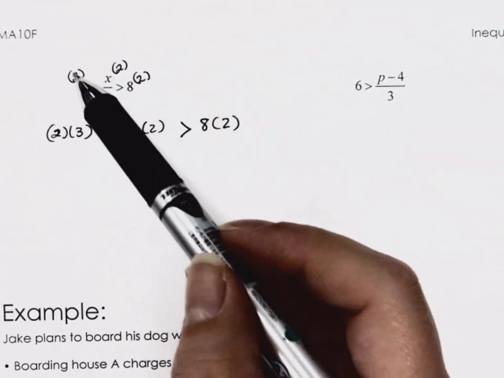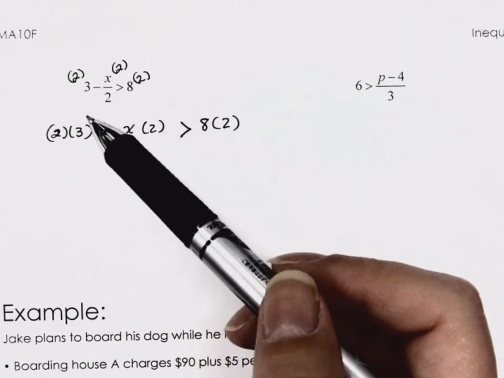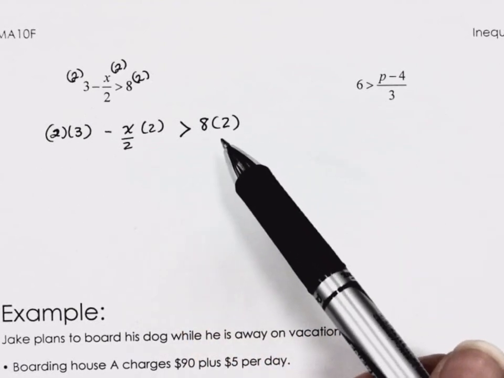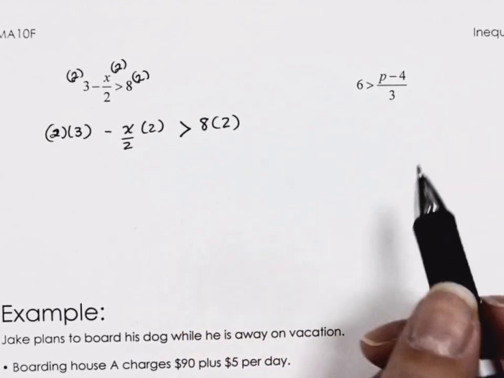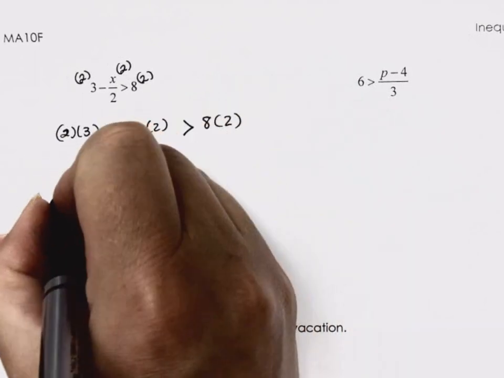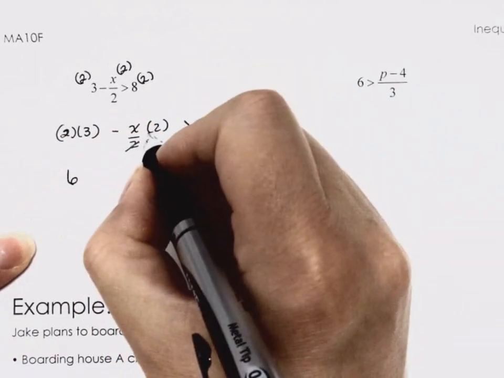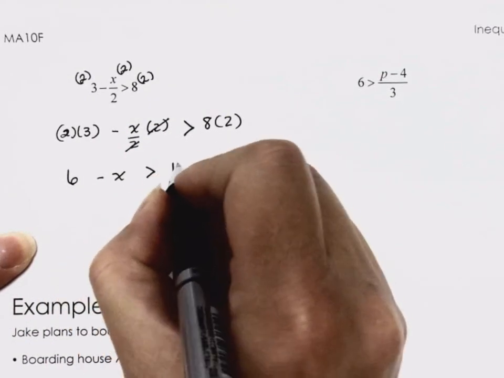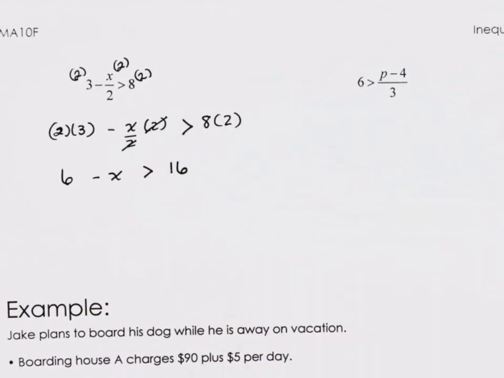Sometimes writing them out reminds us the math that we have to do. So we have 6, and these 2's cancel each other out. So 6 minus x is greater than 16.